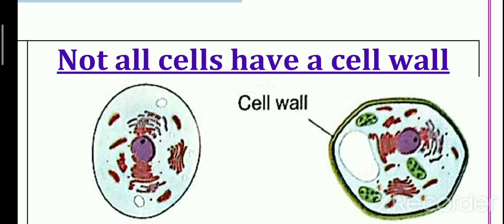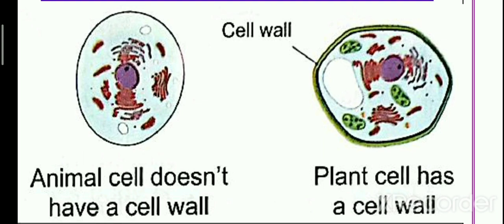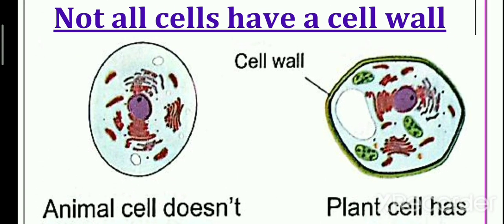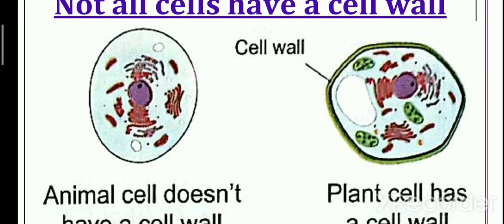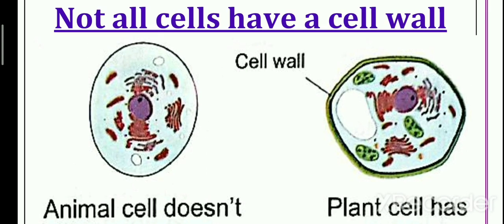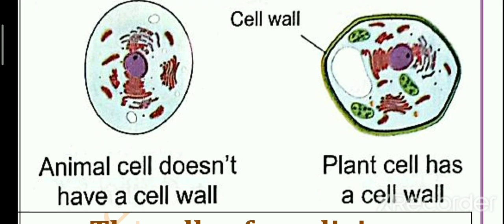A plant cell has a cell wall, but an animal cell doesn't have a cell wall. So when we observe a plant cell under the microscope, we can see it with a definite shape, but an animal cell doesn't have this definite shape because it doesn't have a cell wall.